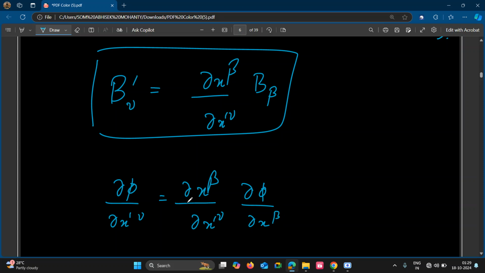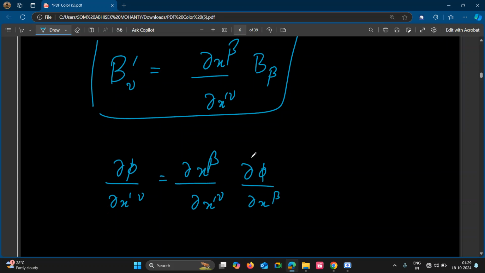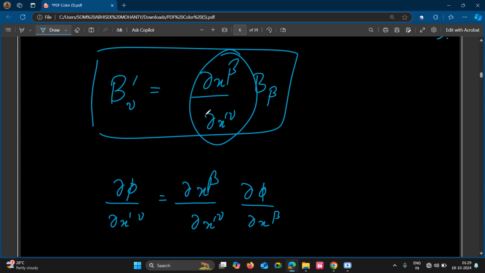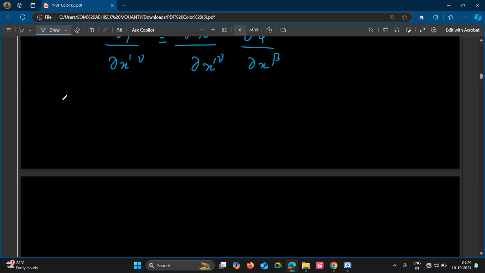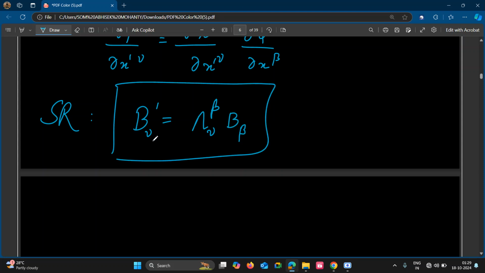So it's kind of the same. Here this is the one that is transforming, and here beta is here, nu is here. So in special relativity I will write b nu dash is equal to lambda nu beta b beta. If you see, this nu is here, this is covariant, and the beta indices will cancel out.